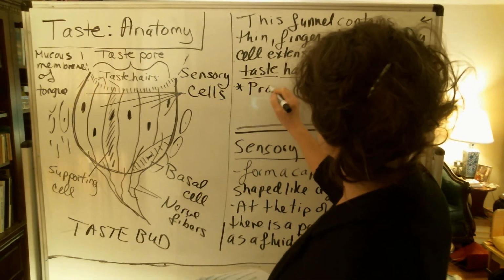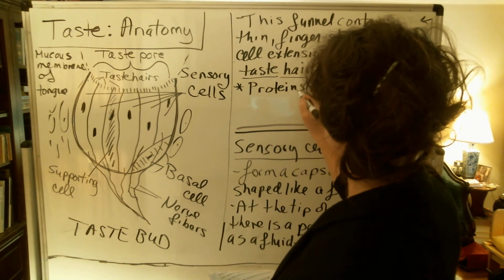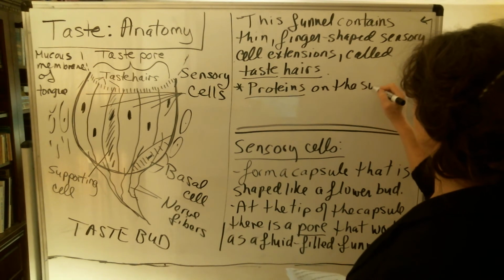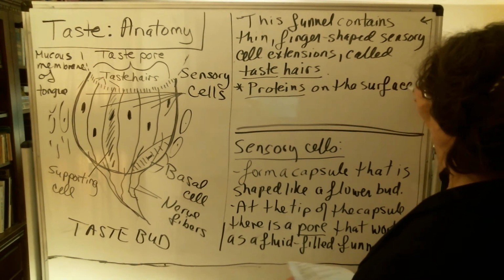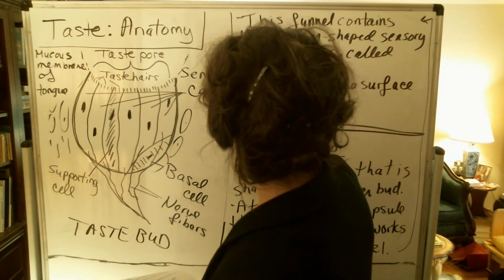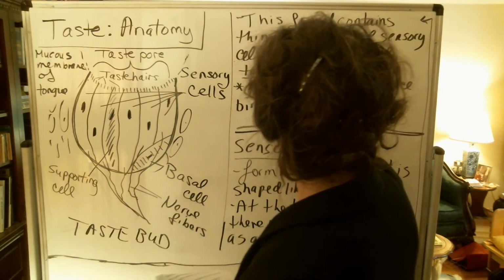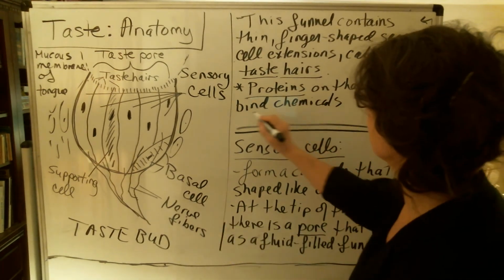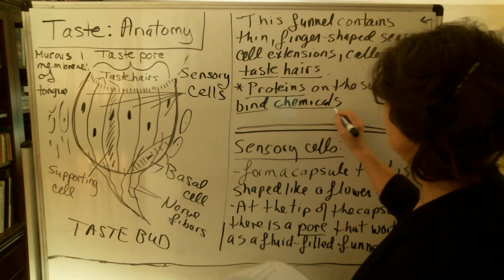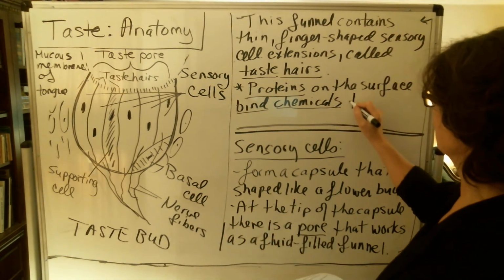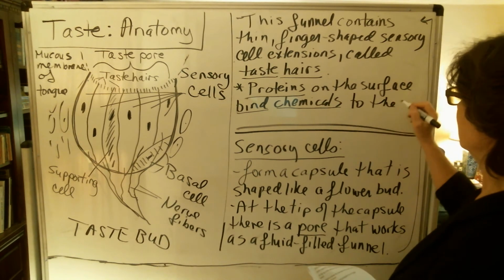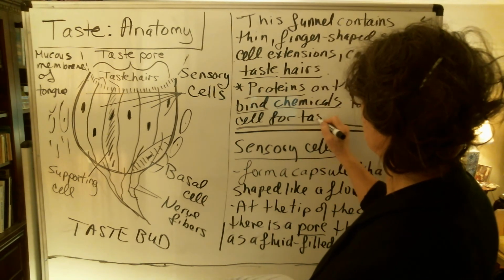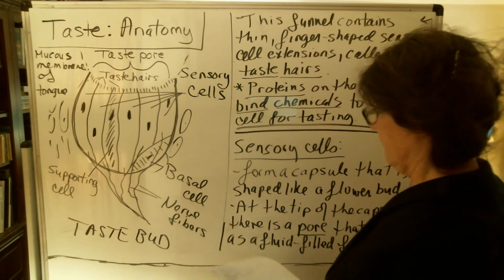So there are proteins on the surface that bind chemicals. And it is this binding of chemicals then to the cell for tasting.